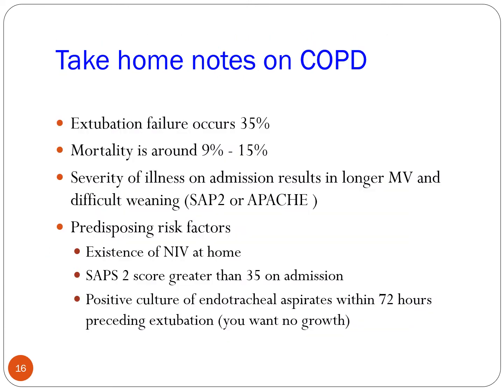So now we're at the slide where I'm going to make recommendations for when you wean a COPD patient. In the COPD population, extubation failure can occur up to 35%. If you extubate somebody and they fail and you reintubate them, their mortality can increase to around 9 to 15%. The patients who have a higher SAPS2 score or Apache score, which is demonstrated right here, typically require longer mechanical ventilation and actually are difficult weans and also have a greater risk factor for failing.